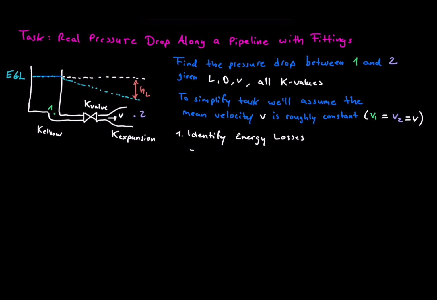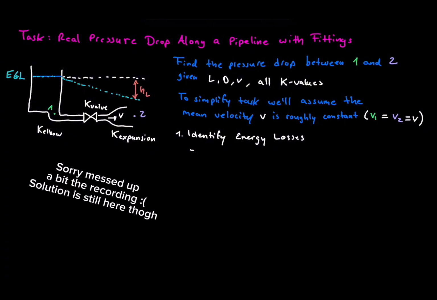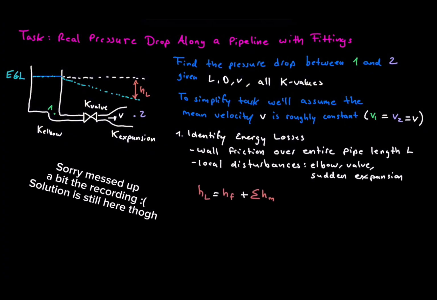Local accelerations and separations inside the fittings are captured by the k-loss terms, not as changes in section velocity. With that assumption, the Bernoulli equation simplifies beautifully.